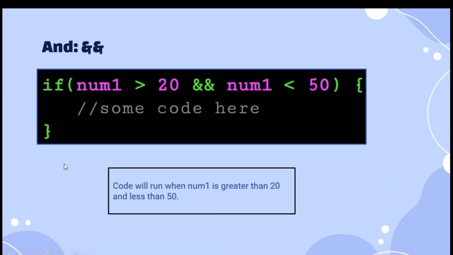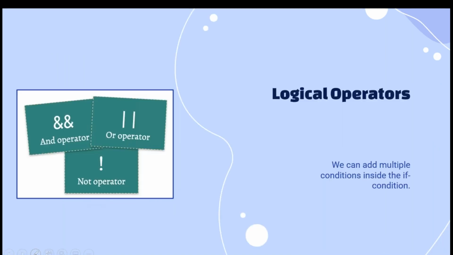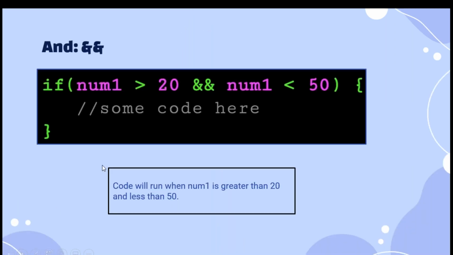So as you can see, these are the three primary logical operators that I want to really bring everyone's attention to. So we have the and operator, the or operator, which is two lines, and then the not operator, which is the exclamation mark.